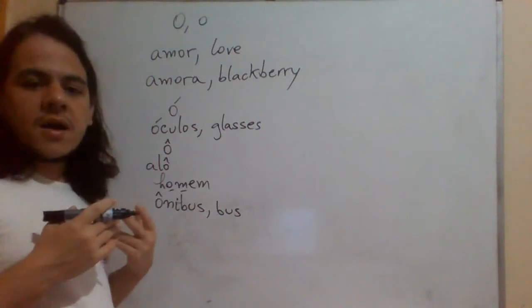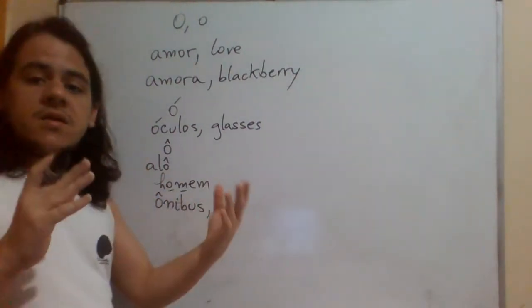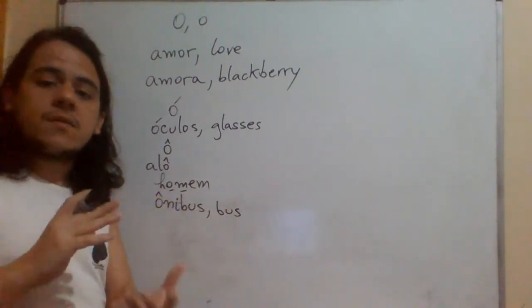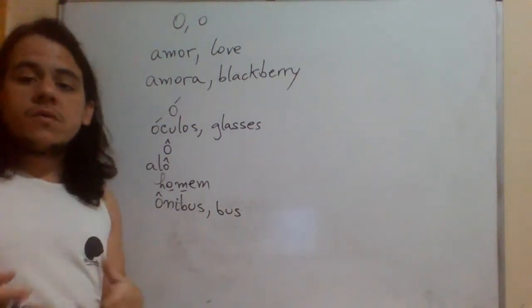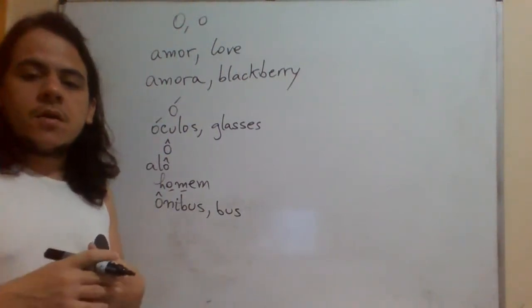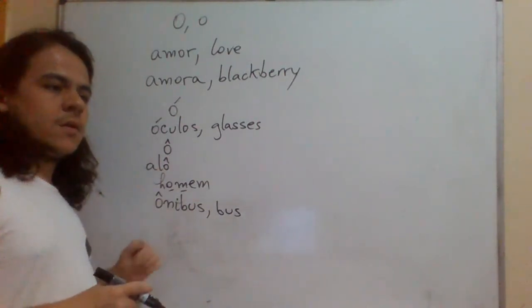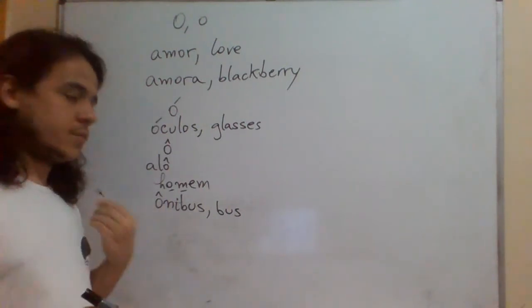That rule that I said to you, that the vowel and the letters N and M had to be in the same syllable, can vary. Those rules are not rigid. We can have variations like this. The letter O here has a nasal sound, ônibus.